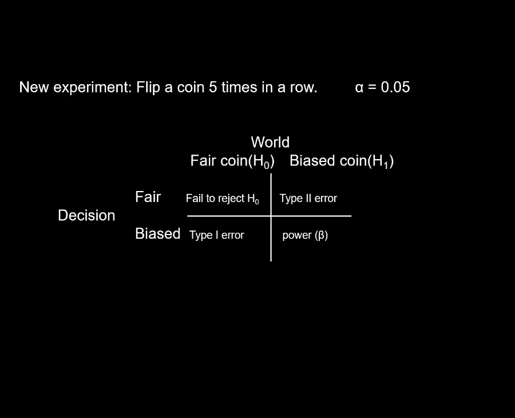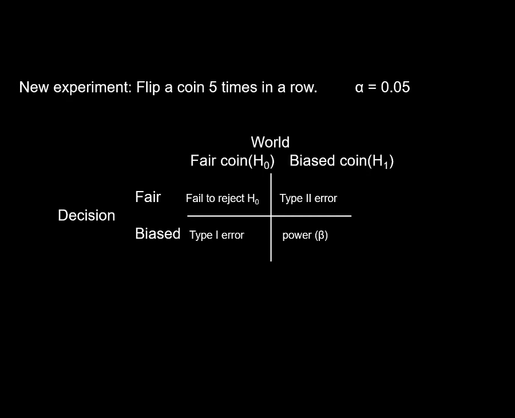Anyway, back to this decision matrix. If I have a hypothesis that a coin is biased to come up heads, and I do an experiment where I flip the coin 5 times and it comes up heads all 5 times, I can reject the null hypothesis that the coin is fair and conclude that the coin is biased. If I get any other outcome, including 5 tails in a row, which is just as weird, keep in mind, I must fail to reject the null hypothesis of a fair coin, because that outcome fell into the part of the sample space that I was calling consistent with the null hypothesis.